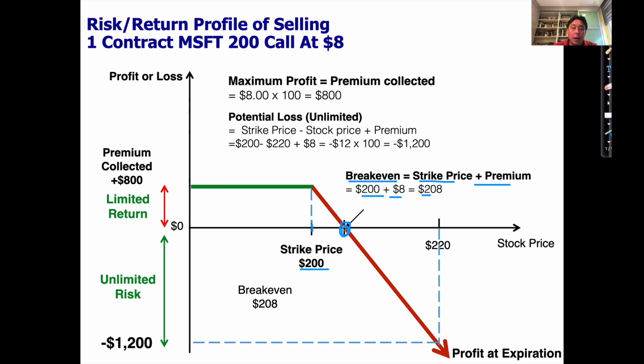If it stays below 208 or at 208, you break even. Now again, this is assuming you're selling the call totally naked. If you own 100 shares first before selling the call, then you will not be exposed to any downside because you are covered. And again, we will learn this more on the chapter on selling covered calls.